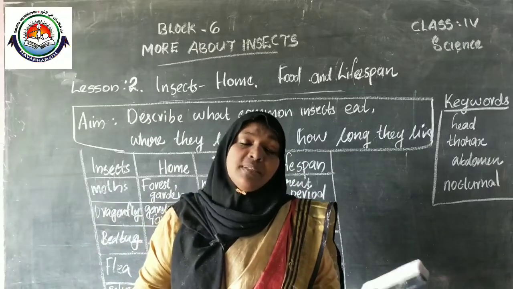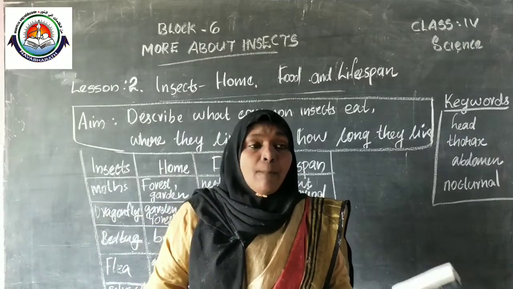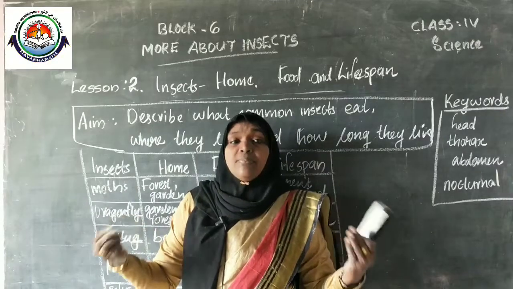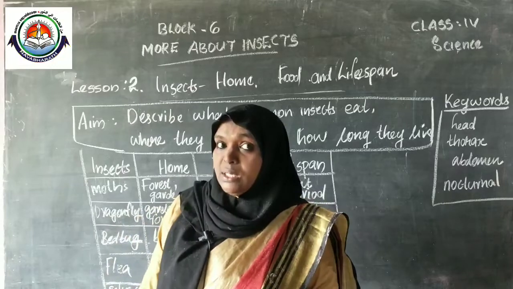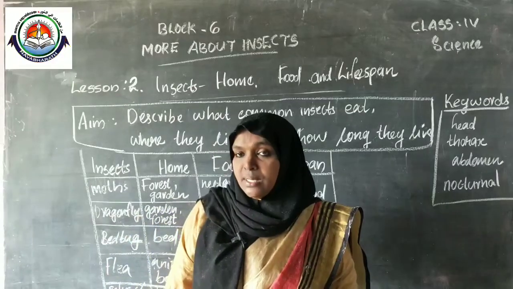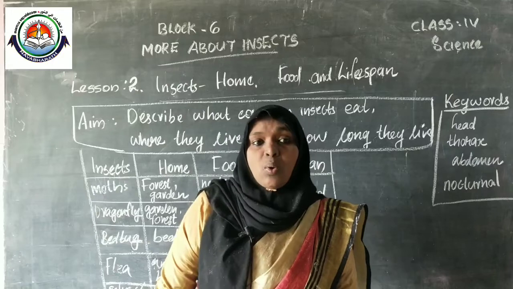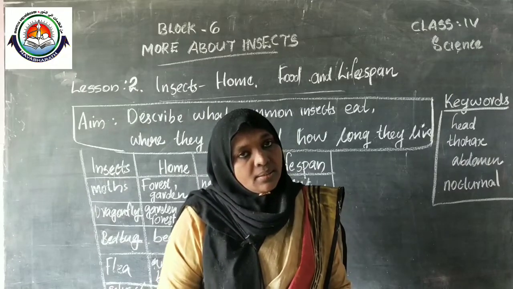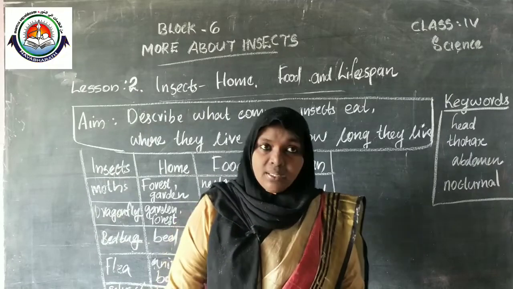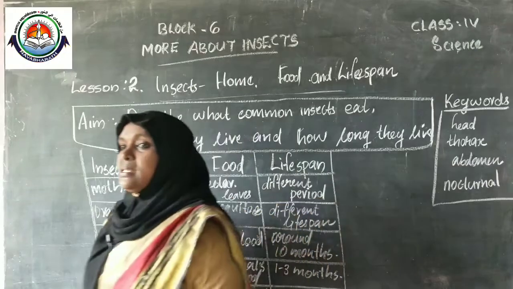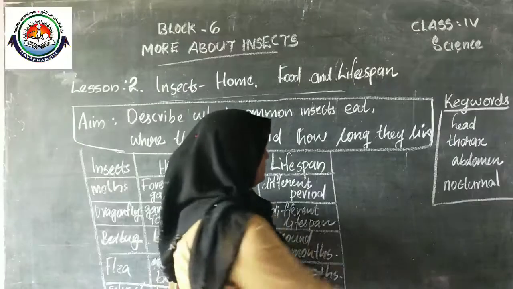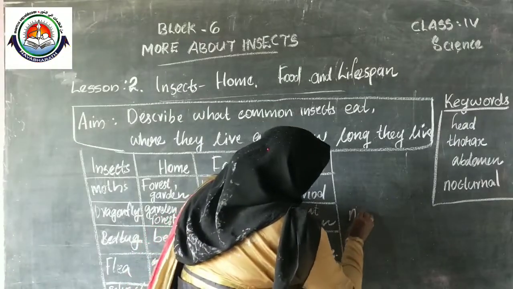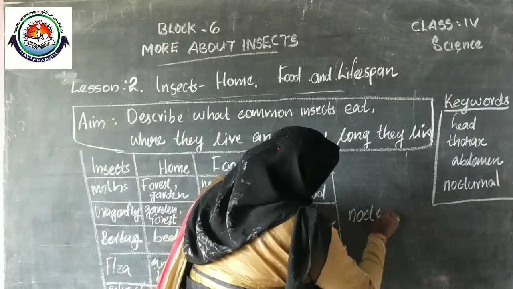We can see some insects in the daytime, but some insects only at night. They are active only at night. These insects are called nocturnal insects.